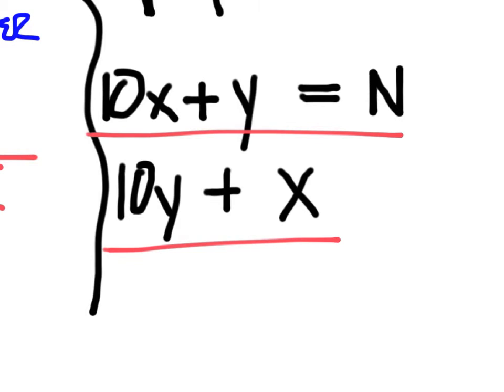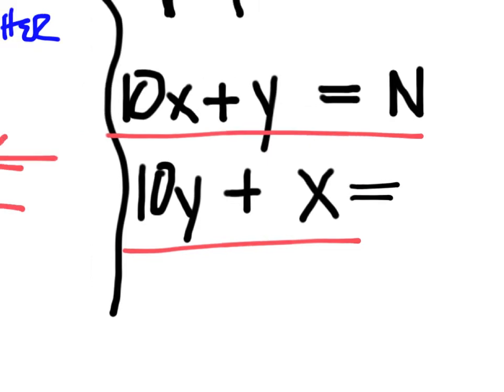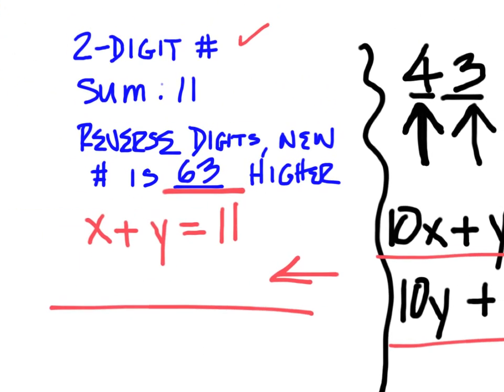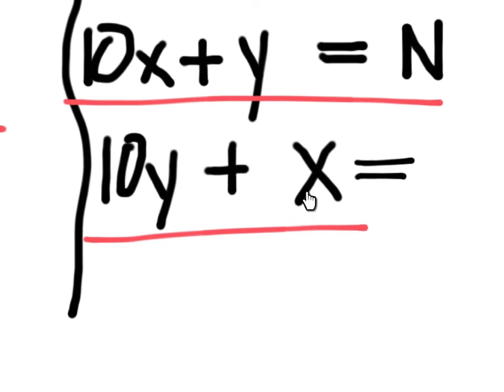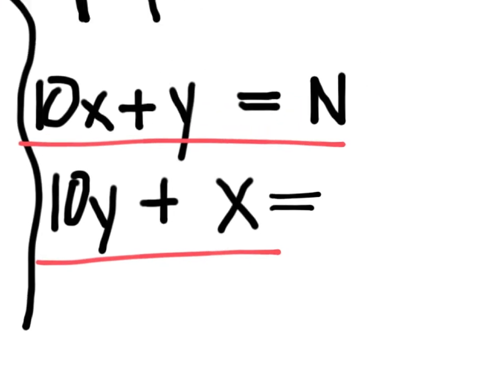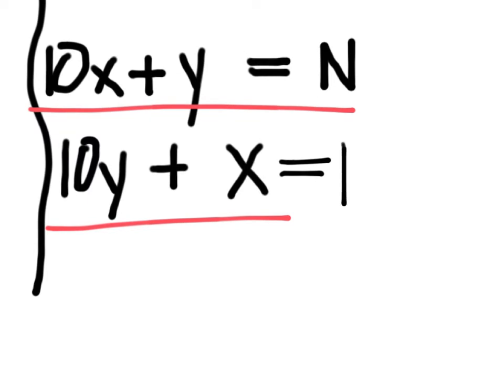And how much greater was that than the original number? How much greater is 10y plus x, reversing the digits, than the original number? Here's the information from the problem. 63, yes. So if this is your new number, which is 63 higher than the old one, what do I do to n to come up with an equivalent equation here, one that is balanced?